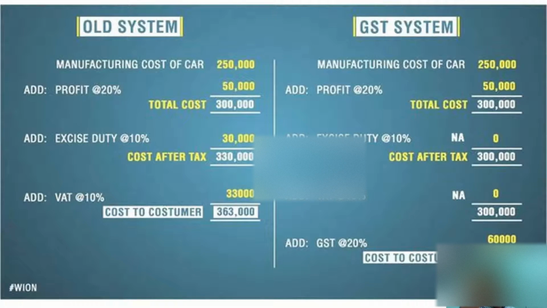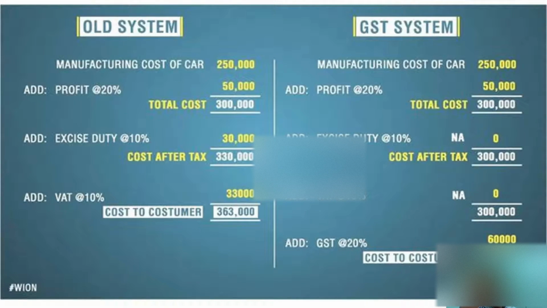So what happens under GST? The manufacturer would be charging the same 2,50,000 rupees for manufacturing the car, and on that he'll be charging a profit of 50,000 rupees. So the total cost is the same, 3 lakh.